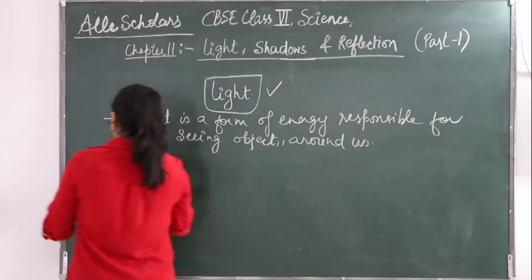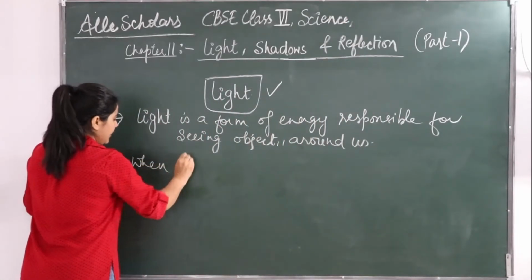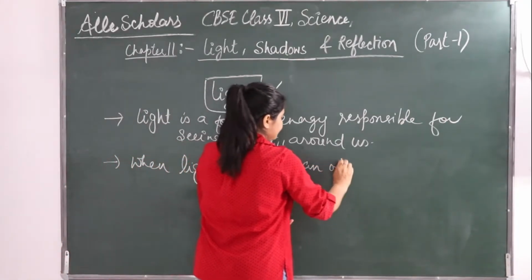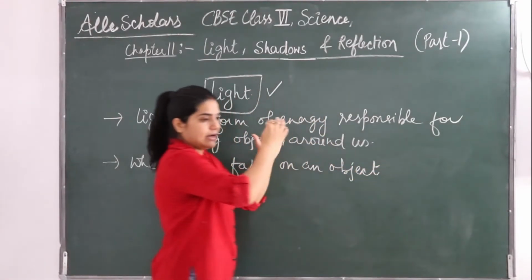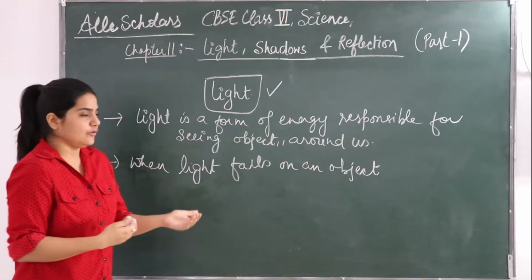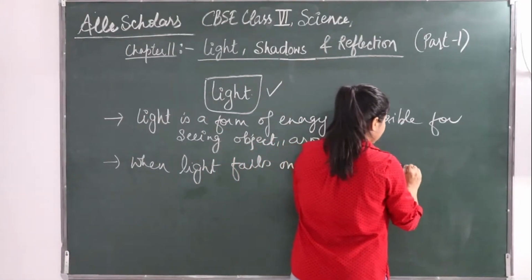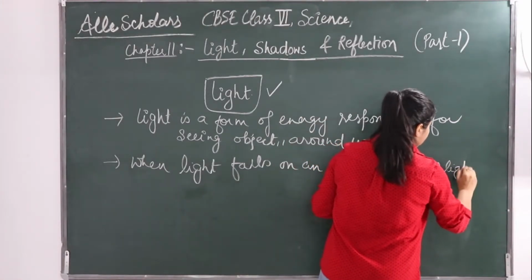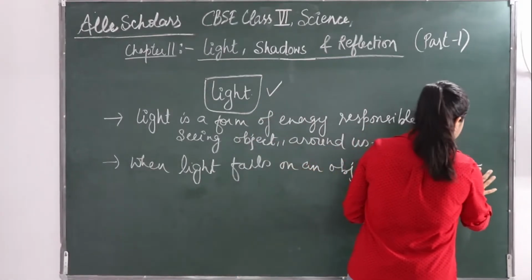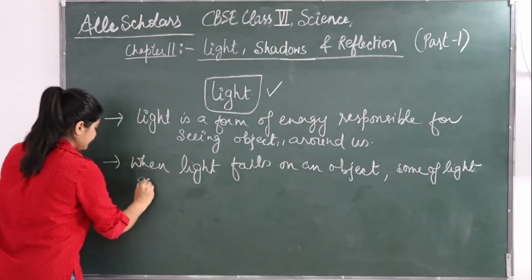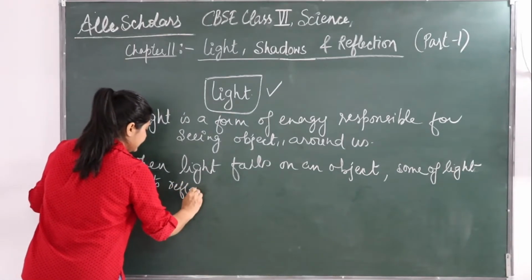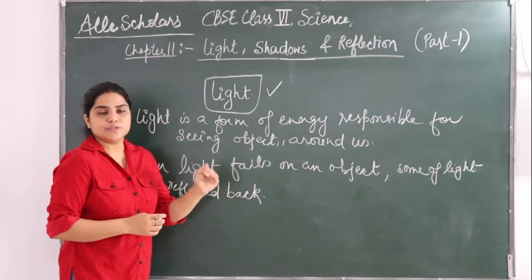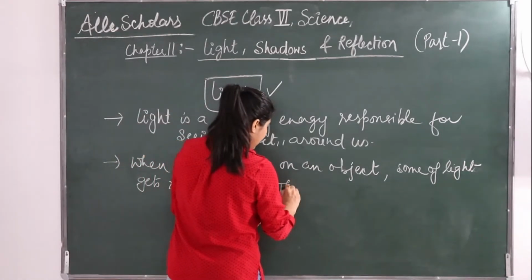Okay? So you can say that when light falls on an object, it can be any object, then what happens, some of the light, not all, but some of the light gets reflected back, and that light which is reflected back comes to our eyes.